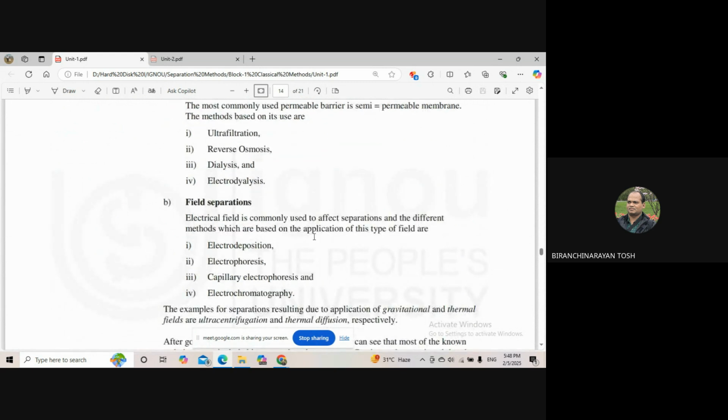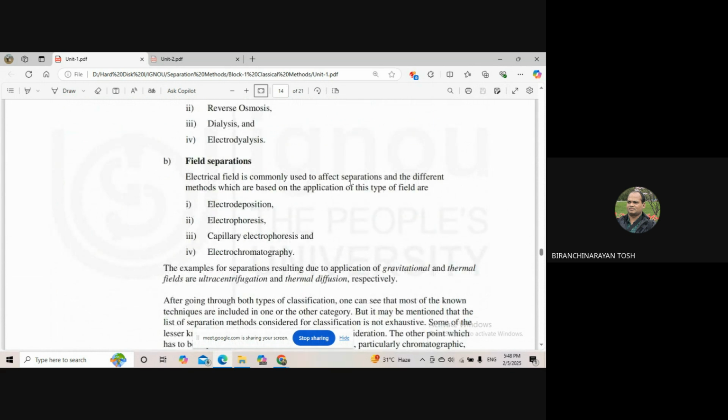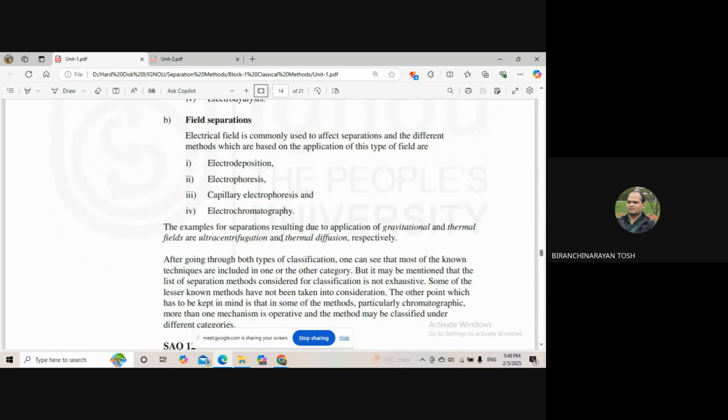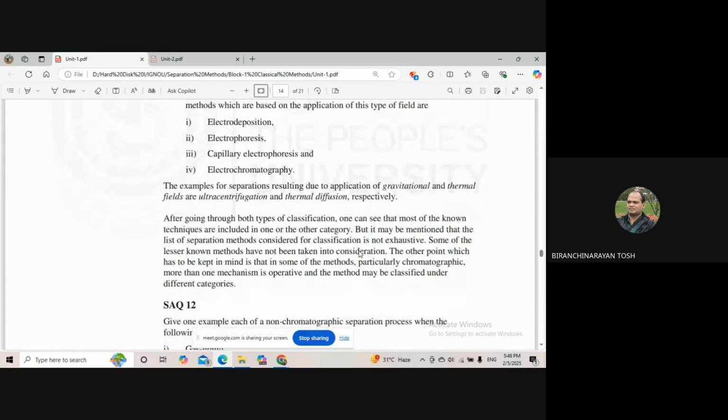In field separation, the electrical field is commonly used to affect separation, and the different methods based on application of this type of field are electrodeposition, electrophoresis, capillary electrophoresis, and electrochromatography. The examples of separation resulting from application of gravitational and thermal fields are ultracentrifugation and thermal diffusion. All these things, I think you know.